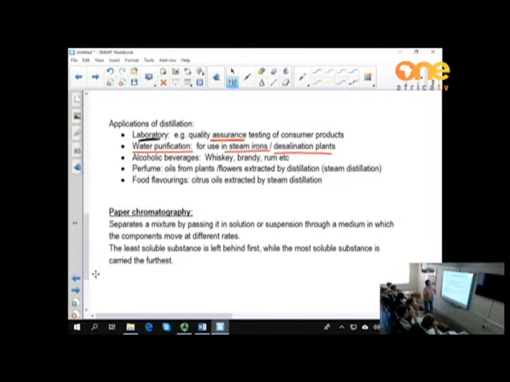Alcoholic beverages. They do distillation. If you go and stand in front of a shelf, you can buy things called beer, malt, and wines. Then, in a different category, go the so-called spirits, whiskey, brandy, whatever. The spirits, they started out by fermenting the grapes or the malt and hops or whatever carbohydrate source they start off with.